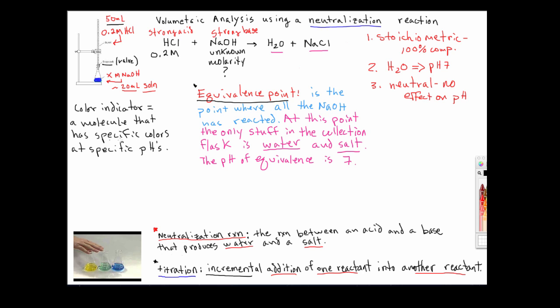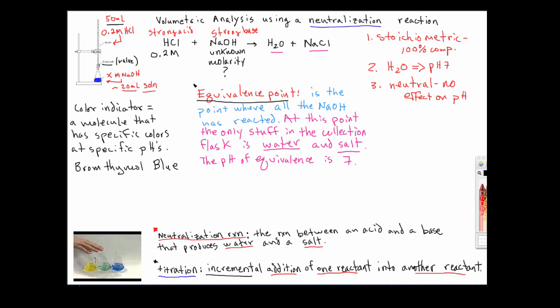Specific colors at specific pHs. All right, and the one that we're going to use here is called bromethymol blue. Now, at the bottom of my screen here, I've taken the liberty of showing you a sample of bromethymol blue so you can clearly see what the situation is.